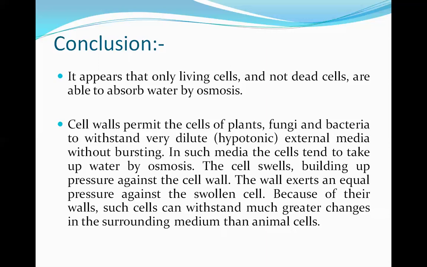Because when the plant takes in excess water, the water present inside the cell exerts pressure on the cell wall, and in opposition the cell wall exerts an equal pressure against the pressure exerted from the inside, isn't it?